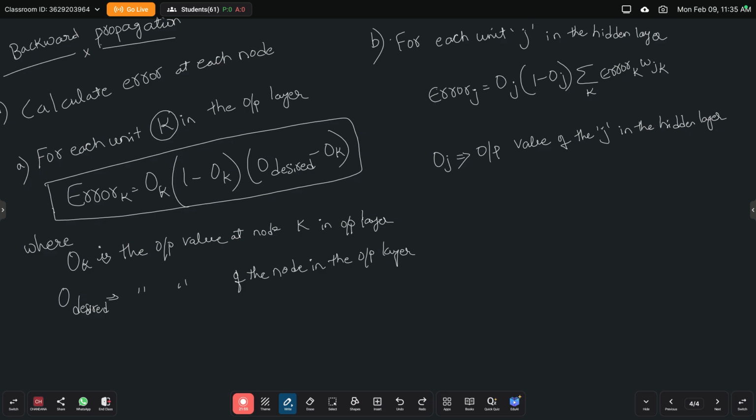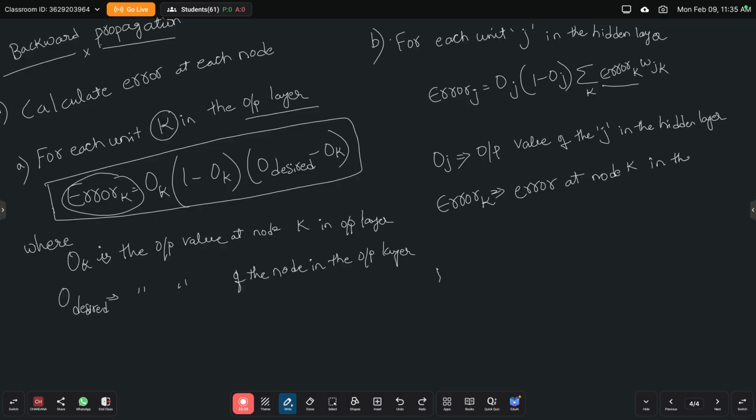Next one is error k. Error k is the error at node k in the output layer.